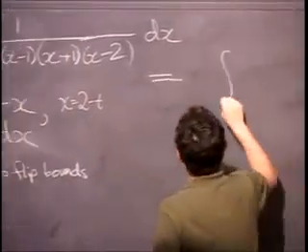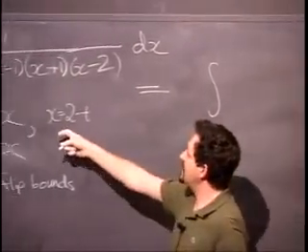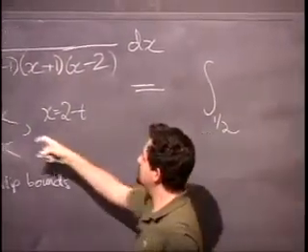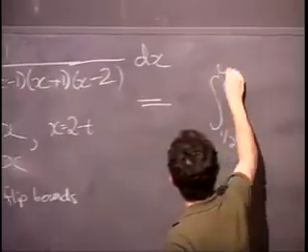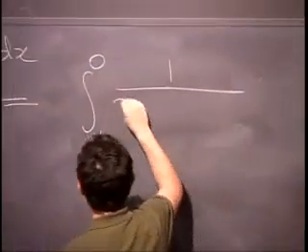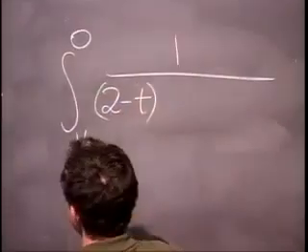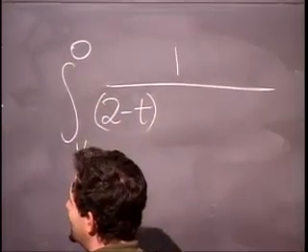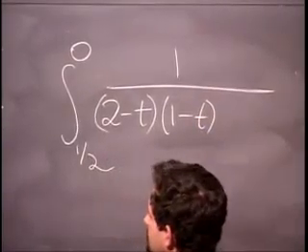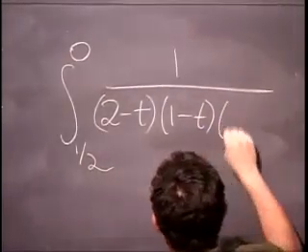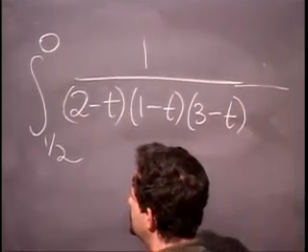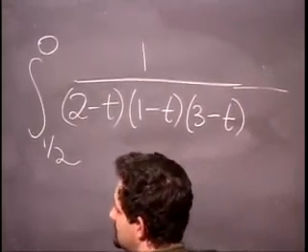So in this integral in t land, when x equals 3/2, t is 1/2. And when x equals 2, t is 0. And I have 1 over x, which is 2 minus t; x minus 1 is 1 minus t; x plus 1 is 3 minus t; and x minus 2 is negative t.